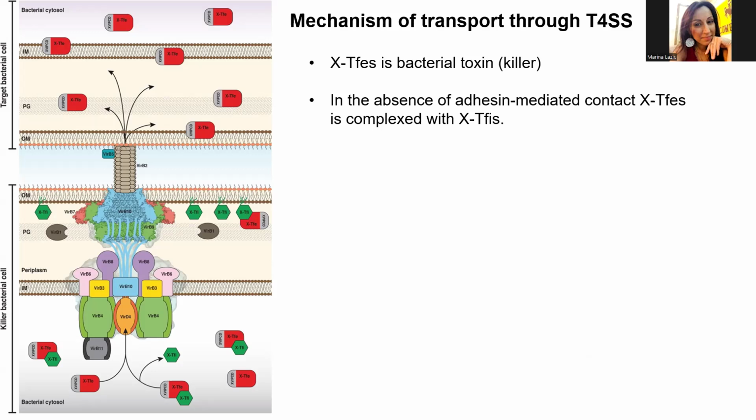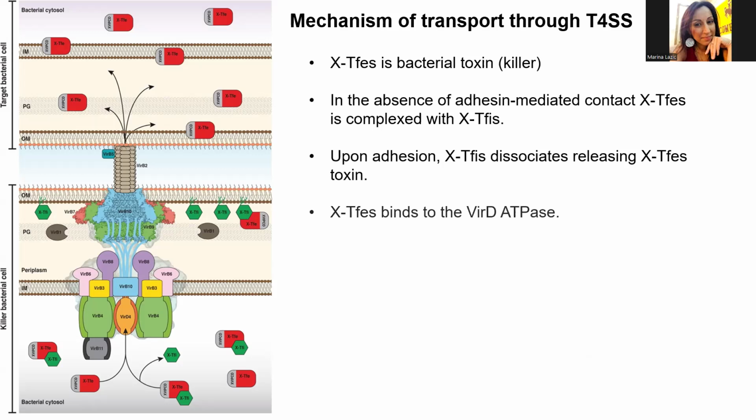So when there is no adhesin, Fast and Fis are together, in a complex. When adhesin is secreted, like when the host cell is close and contact is initiated, Fis is releasing Fast, the toxin, and the Fast toxin will bind to the ATPase.